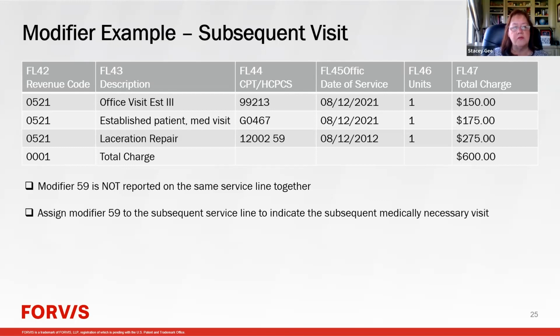Also for that morning visit is the G0467, which is the established medical visit payment code, which is required to be on the claim. And then I came back later this afternoon for laceration repair, and you can see that we are attaching that modifier 59 to that subsequent visit. So you're not going to put a 59 on both lines. You're literally just going to put it on that second or subsequent line.